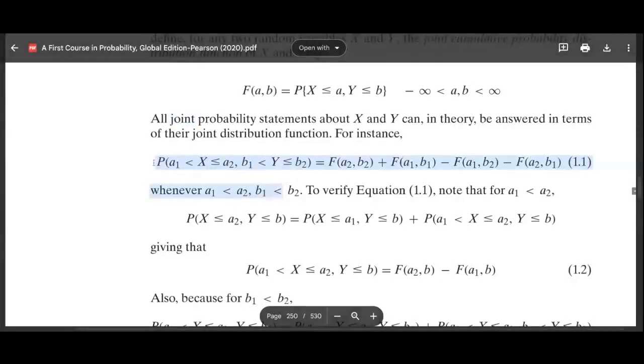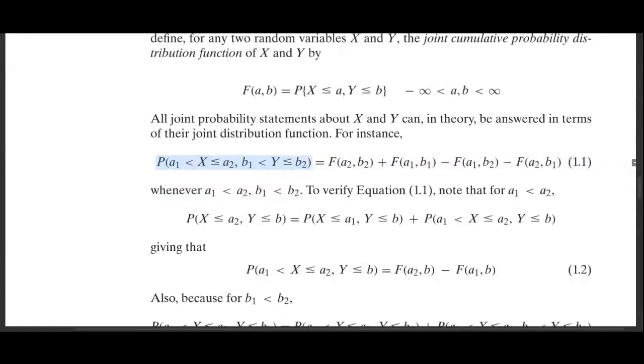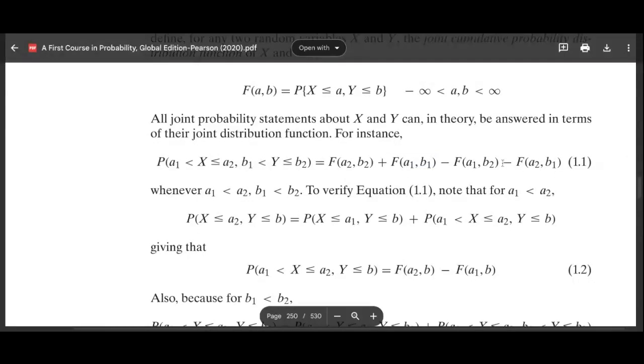For example, if we have X in the interval from a1 to a2, and Y in the interval between b1 and b2, this would be F of a2, b2, because this is X less than or equal to a2, Y less than or equal to b2, plus F of a1, comma b1. Well, this is just part of this, right? Part of this one.